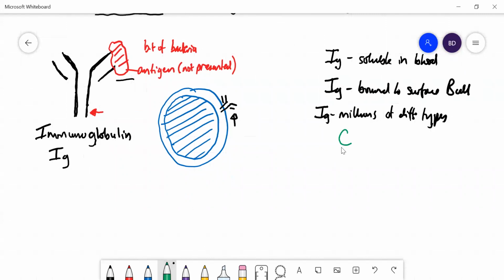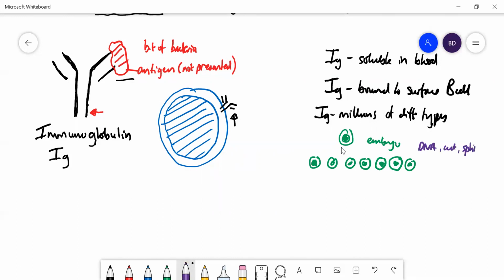You start off with a B cell progenitor in the embryo, and from that you get millions of different sorts of B cell, each one with a different immunoglobulin on the surface. How do you end up with lots of different immunoglobulins when there's only one set of genes? Again, the DNA is cut and spliced together in different ways.